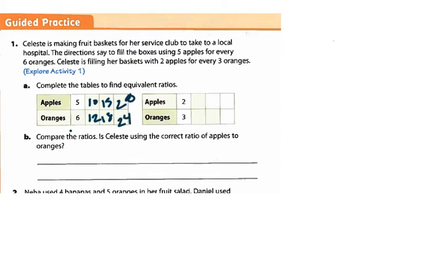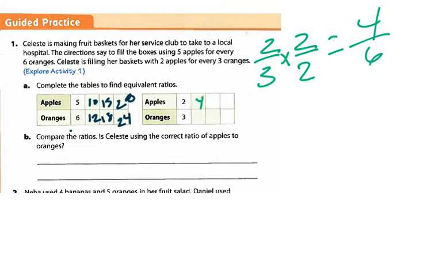So if I want to take 2/3 and find equivalent ratios, again, I'm just going to start with 2 over 2. 2 times 2 is 4. 3 times 2 is 6. So 4 over 6. 2/3 times 3 over 3, I'm going to end up with 6/9.